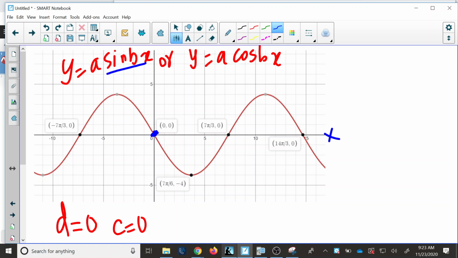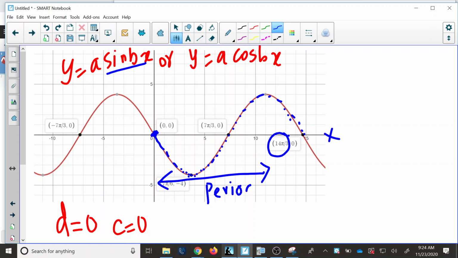So let me pick this and determine one complete cycle. This goes down like this. This is the minimum, and then it goes to the maximum and comes back to the same point. So my distance is 14 pi over 3. That's going to be my period: 14 pi over 3.